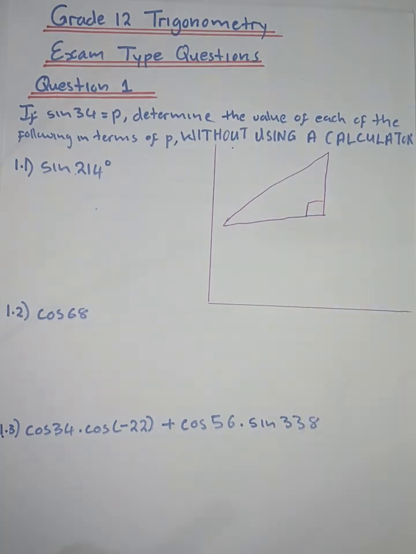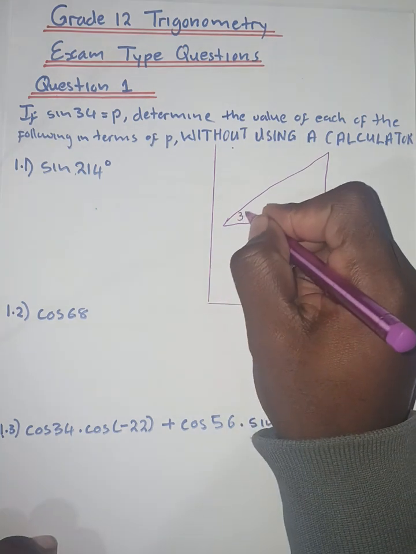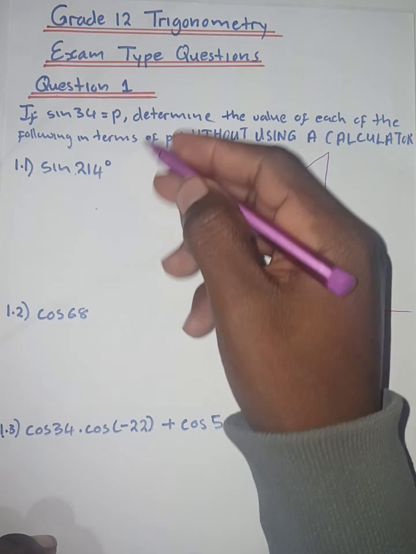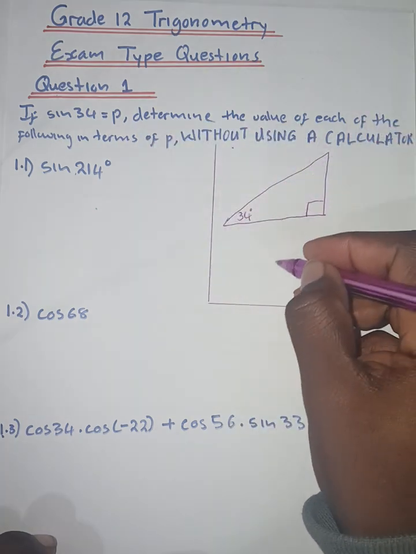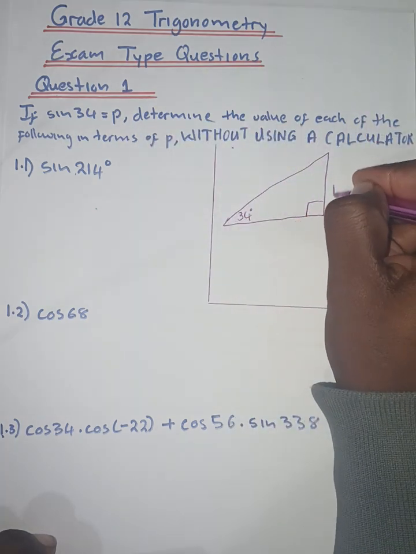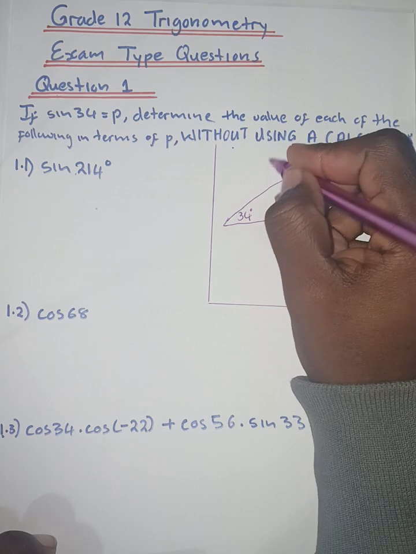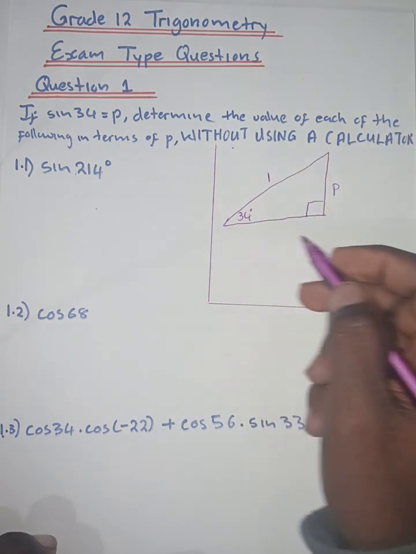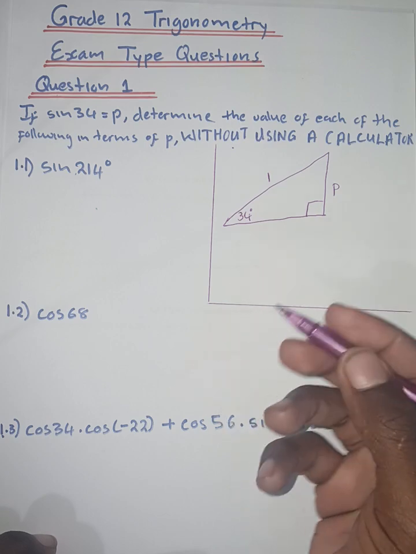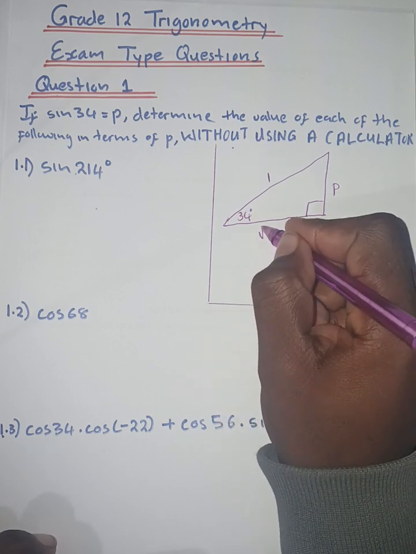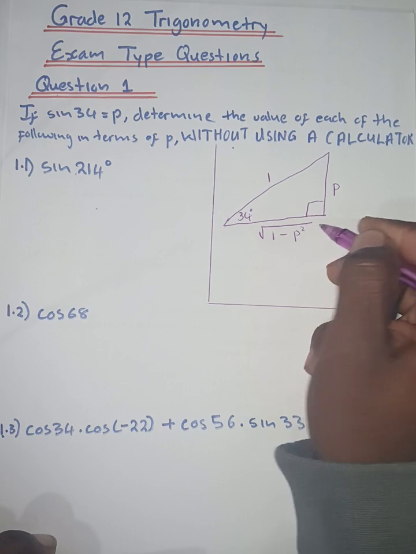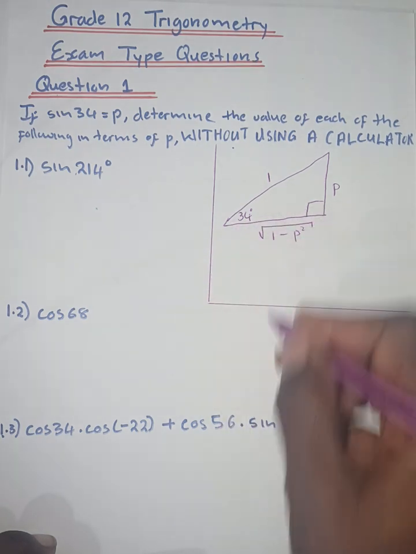So of course we have 34 degrees, and that's 90. Sine is opposite over the hypotenuse, so this would be p, and the hypotenuse would be 1. To find the adjacent, you would use Pythagoras, and you'd eventually find that this value here would be the square root of 1 minus p squared. So that would be the adjacent there.